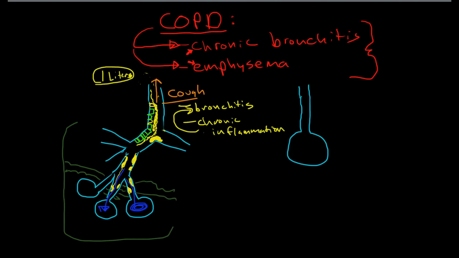And when we take a breath in, we pull outwards on the pleura. And when we pull outwards on the pleura, this force is also pulling outwards on the airways.